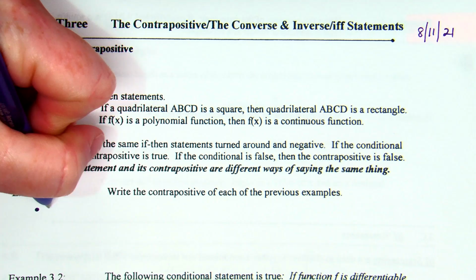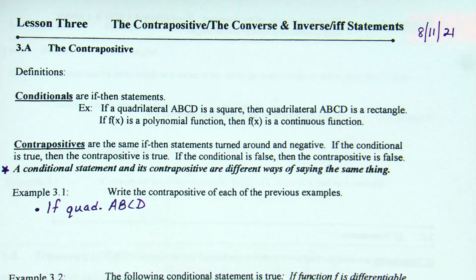So, if quadrilateral ABCD, where am I going to go from here? Okay, so switching it, we're going to use the rectangle, and then we have to make it negative.